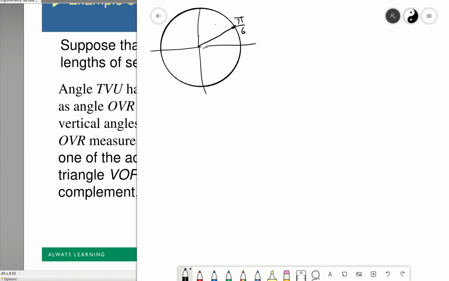Pi over 6 and 30 degrees correspond to the same location. And notice we already know the values. The cosine is square root of 3 over 2, and the sine is 1/2. You're going to want to get these down really solid so that you don't really have to think about them much, because we're going to use them a lot.